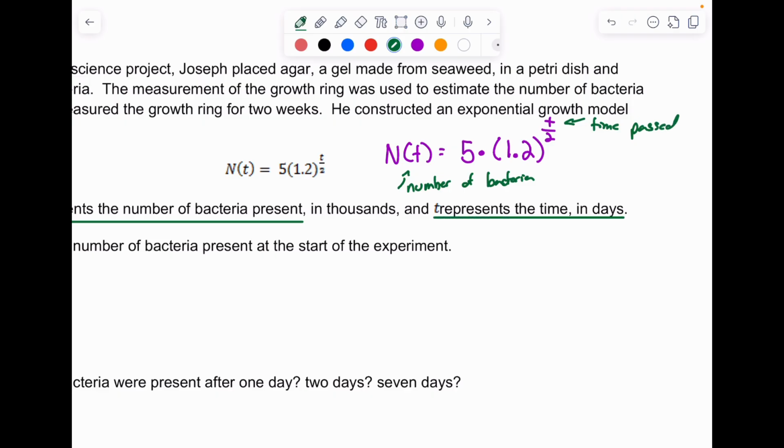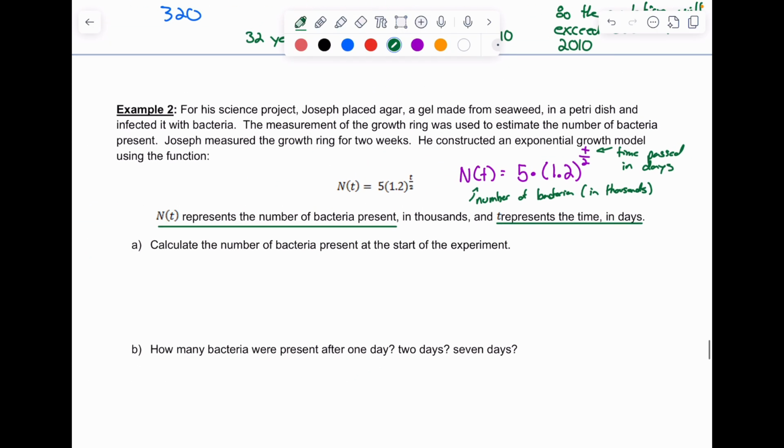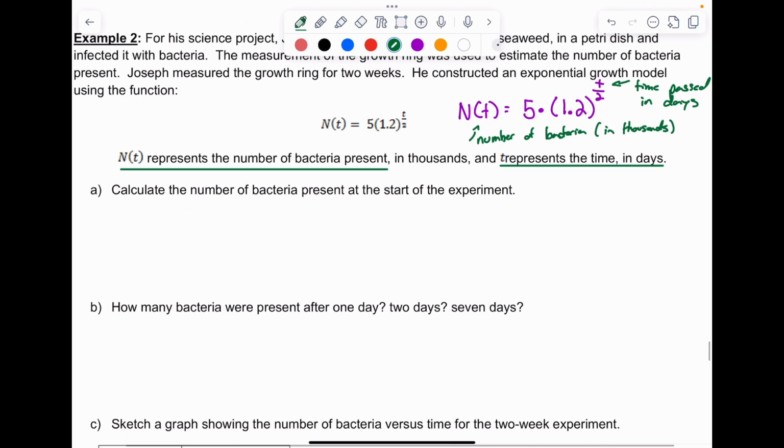Time passed in days. Number of bacteria, and this one was measured in thousands, it says. So, if you're given a formula and it says calculate the number of bacteria present at the start of the experiment. Okay, so again, at the start. So present at the start.